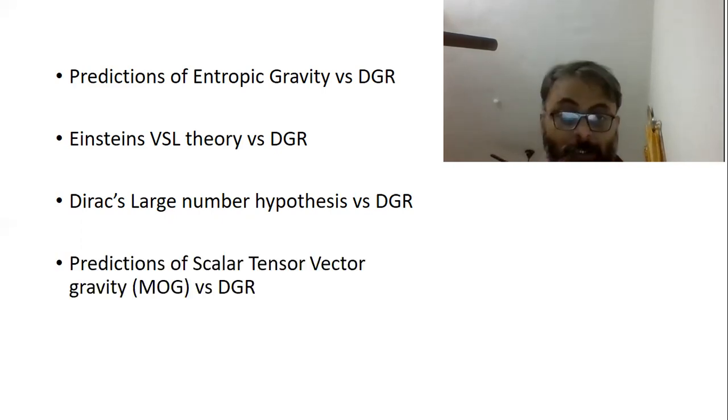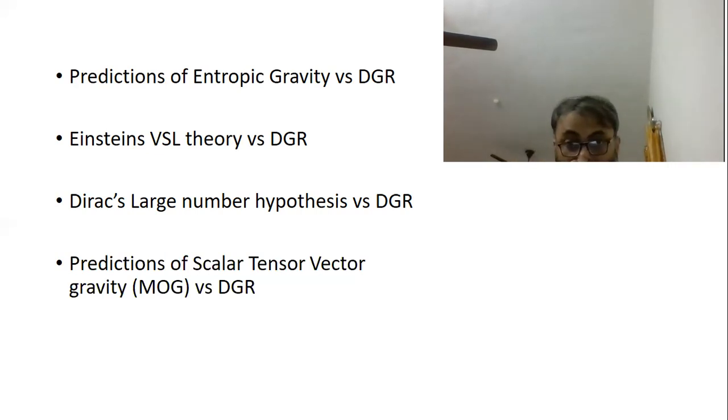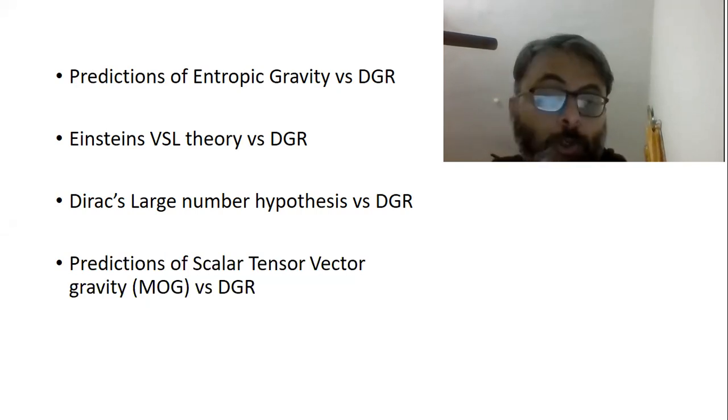Now there's something called scalar tensor vector gravity, or MOG, modified gravity. Before I wrote the book, I had no idea what this is.